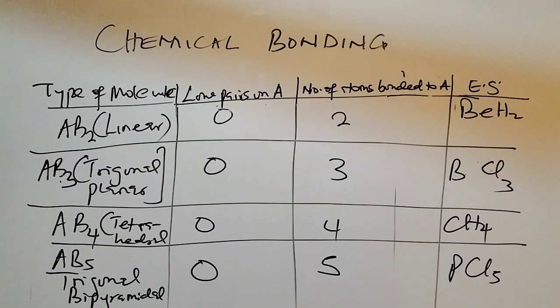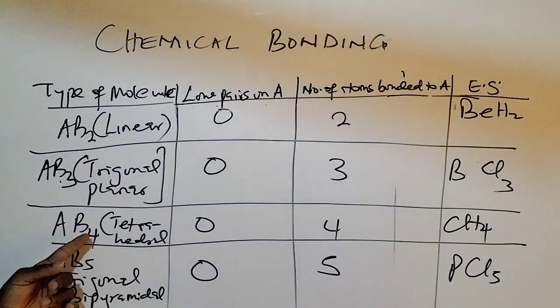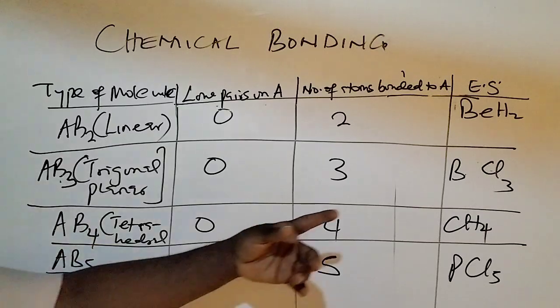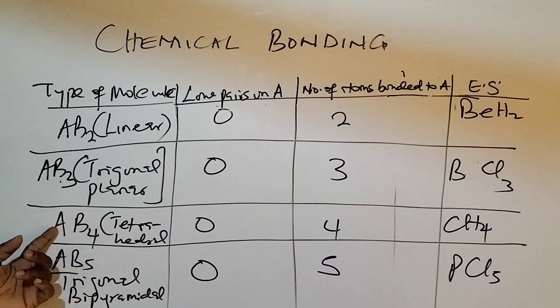Then again, when a molecule is of the form AB4, where A is the central atom, like carbon in this case, bonded to 4 atoms, which is hydrogen, and the central atom has 0 lone pairs, such a molecule is said to have a tetrahedral shape.